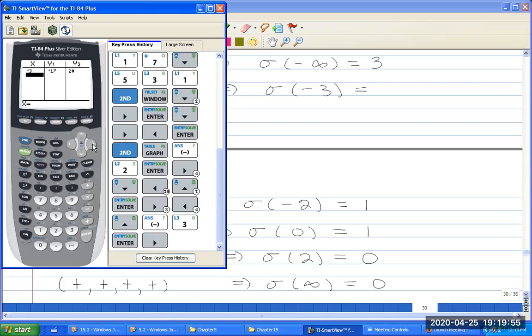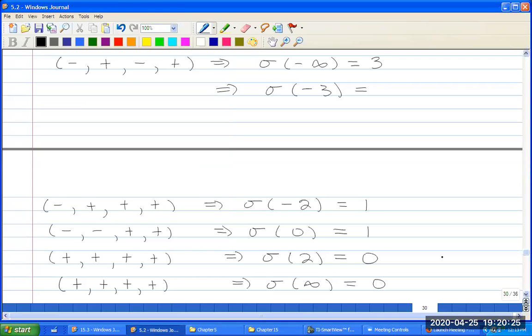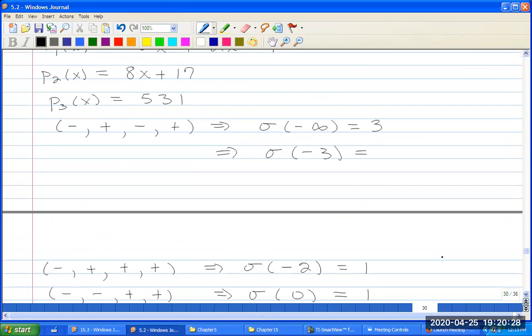Negative, positive, negative, positive, negative, positive, negative, positive. Okay. No, I said it wrong. Oh, this is still, let's see. I was looking at that. Shoot. Negative, positive, negative, positive. Yes, negative, positive, negative, positive. I almost looked at the wrong thing. Negative, positive, negative, positive.